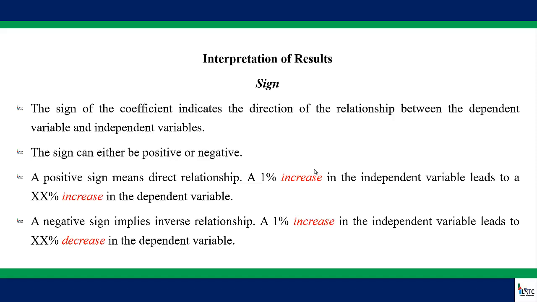Take note that when I was explaining the model specification, I made it clear that when you take the natural log of your variables, it affects the interpretation of your result.